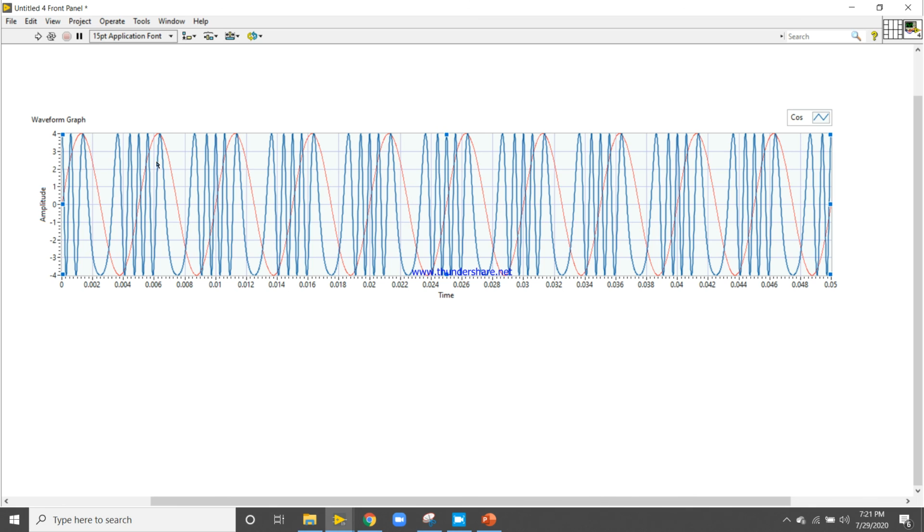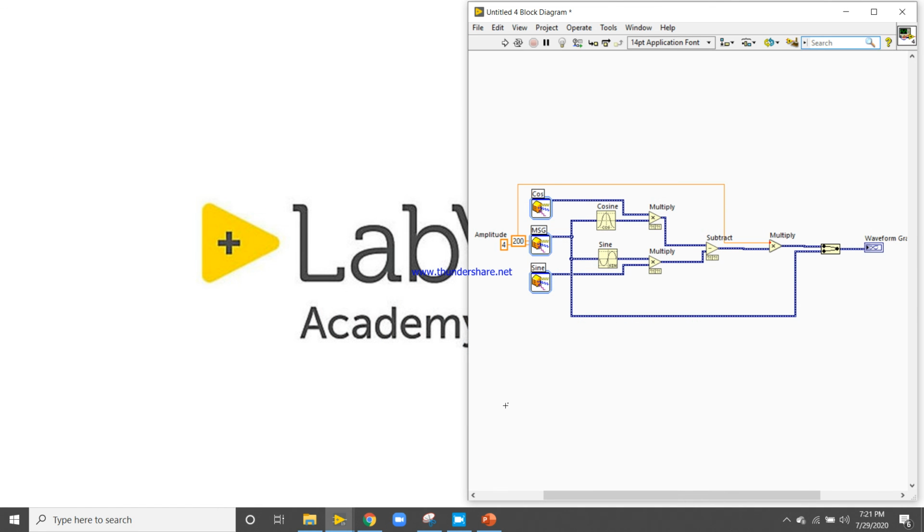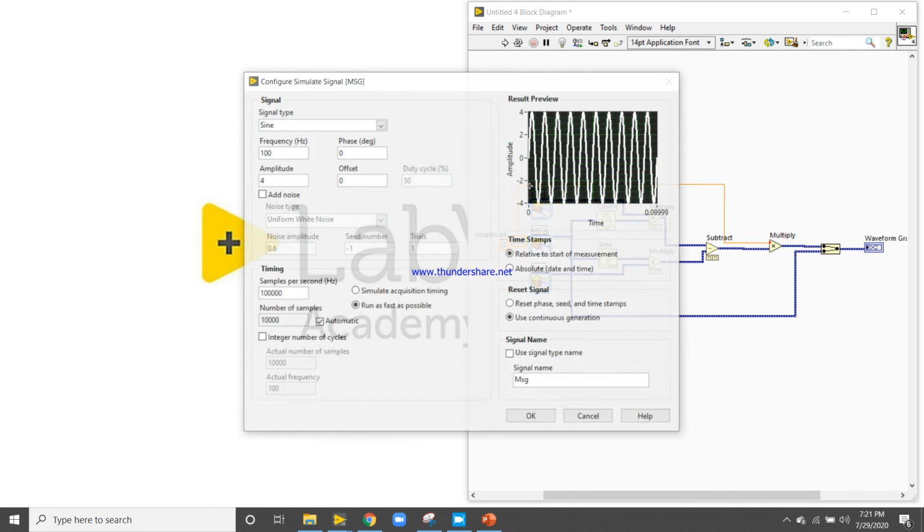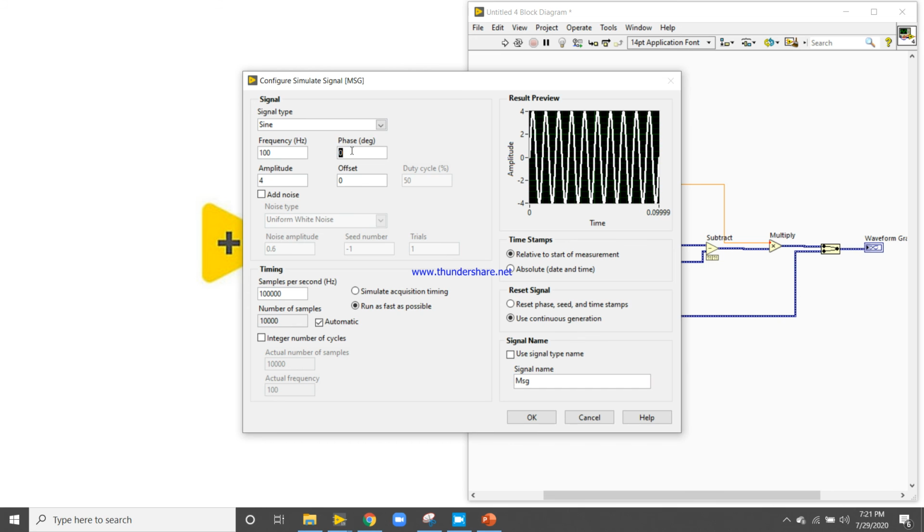When it's decreasing, now look at here. If the message signal is 90 degrees shifted, what will happen?